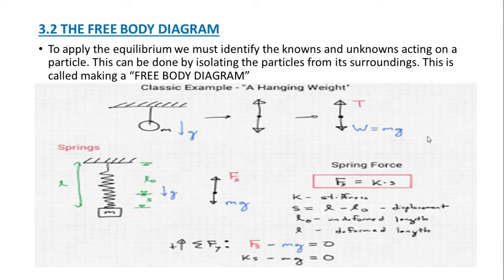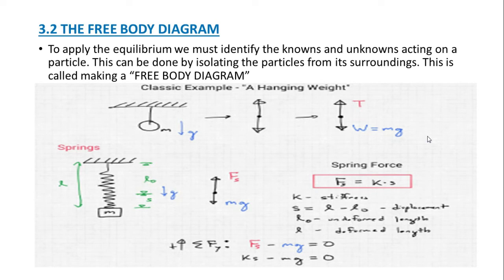Now if you look at another example over here, there is a spring. Instead of a string, we have a spring attached, and the mass m is there. It will have two positions. When there is no weight on the spring, we will call its length L naught, its original length.